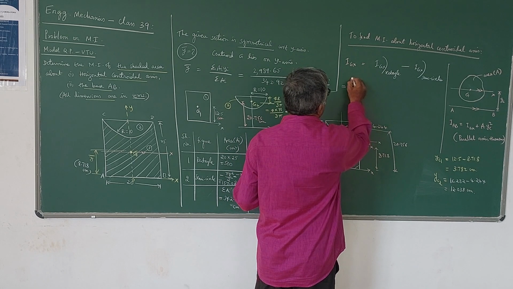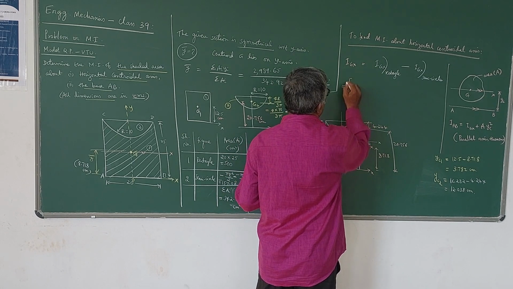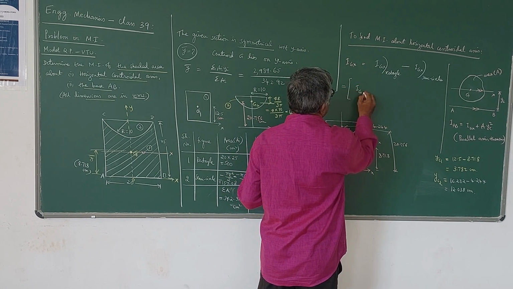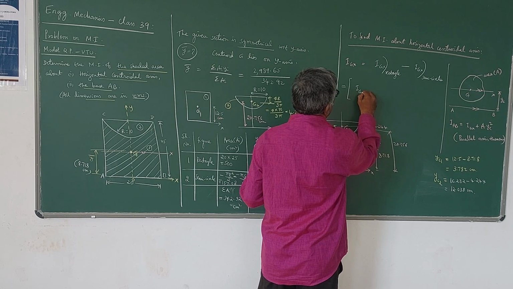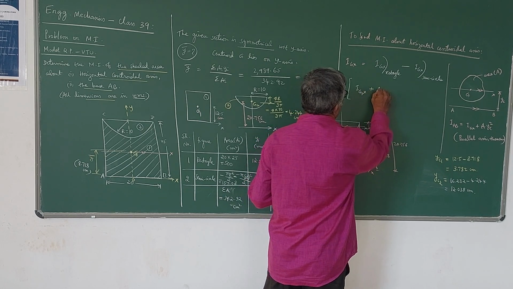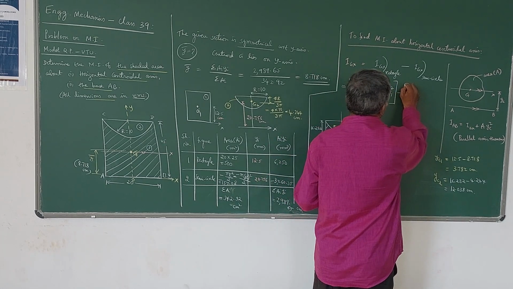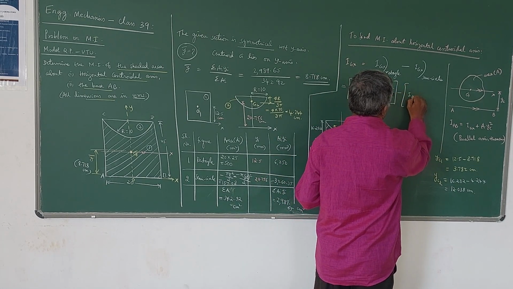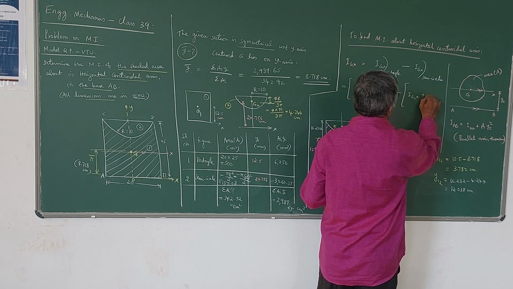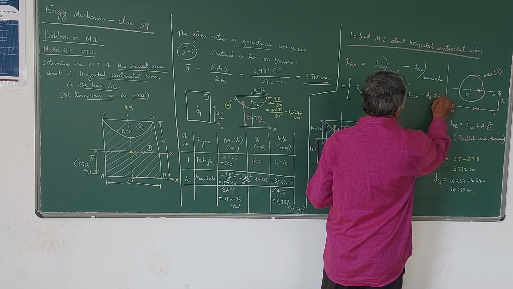Let me write that. For the rectangle, the equation becomes IG1x plus A1 into YC1 square. This is for the rectangle. Minus, for the semicircle, it is IG2x plus A2 into YC2 square.